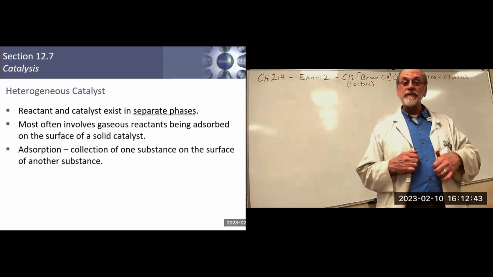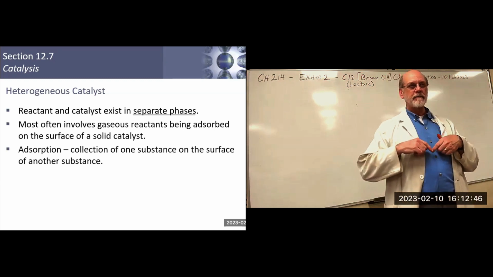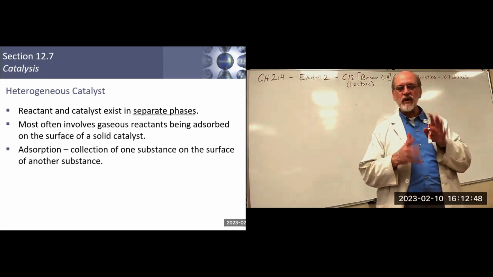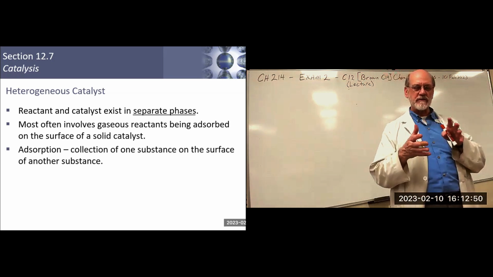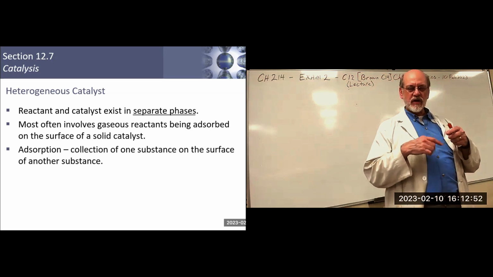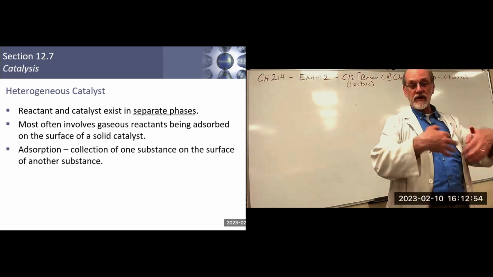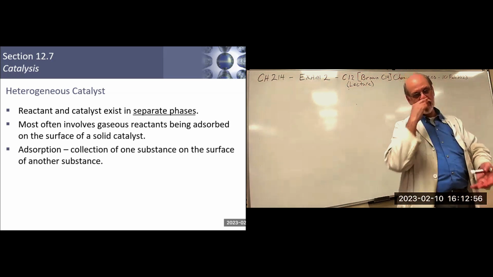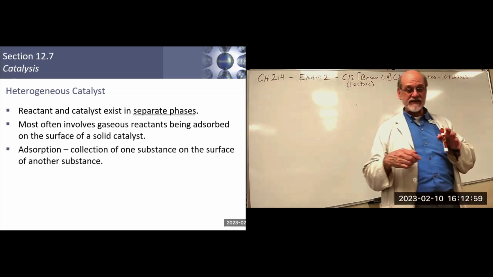What we want to do is take the incomplete combustion products of the internal combustion engine, and with the catalyst, cause those reactants to complete their reaction.